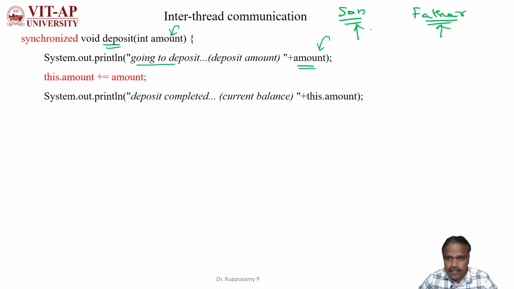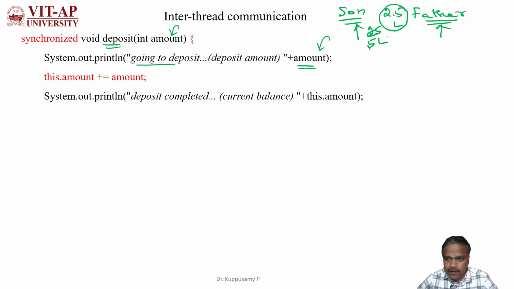The son is withdrawing 5 lakh, but the balance available in this account is 2.5 lakh. The son is trying to access 5 lakh.